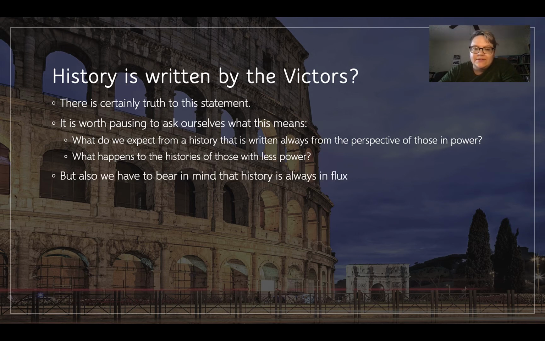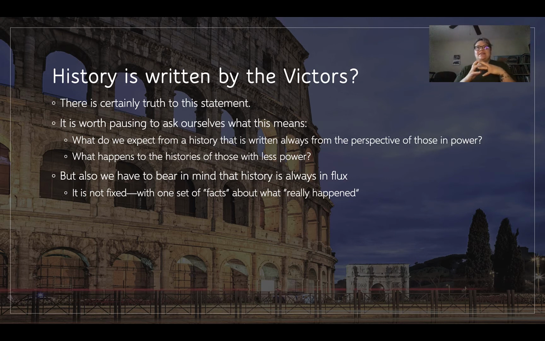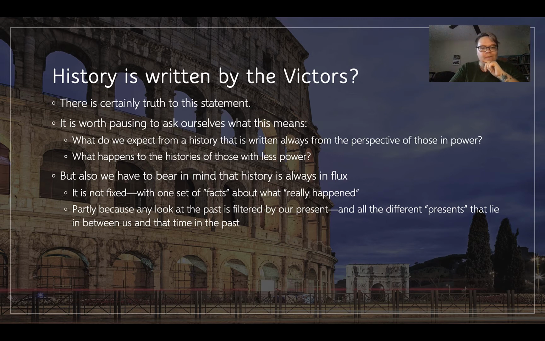But also, remember that histories, whether they're from the perspective of those in power or those who are left out, are always changing. Not just because power is always changing, but also because our ideas of what counts are changing. History isn't the past as a set of fixed facts that really happened. Especially the farther back you go, the harder it is to say what really happened.